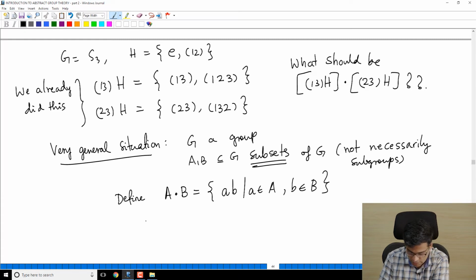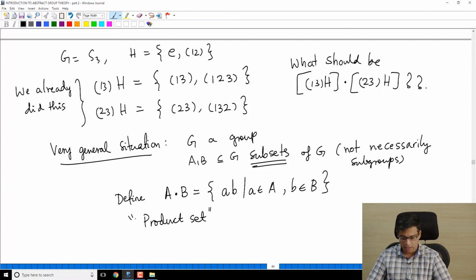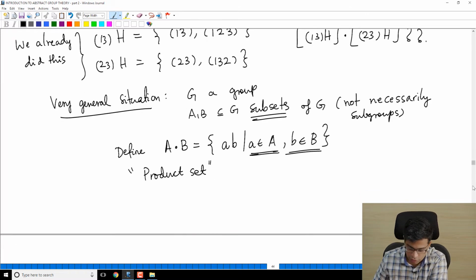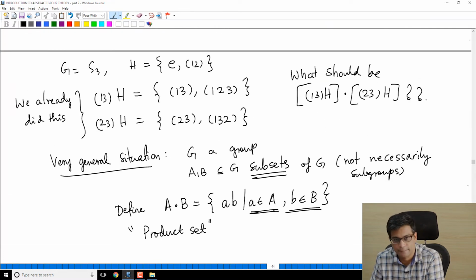Okay, this is just the product set. Very natural definition, right? In order to multiply two sets, we simply take elements of the first set, multiply them with elements of the second set, and you vary all the elements. So can we use this definition? Because cosets, remember, are just subsets.